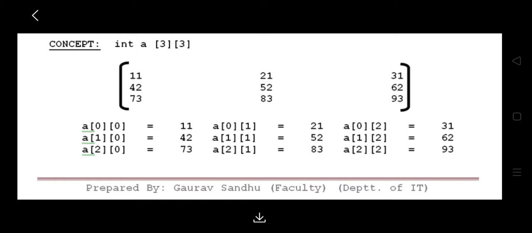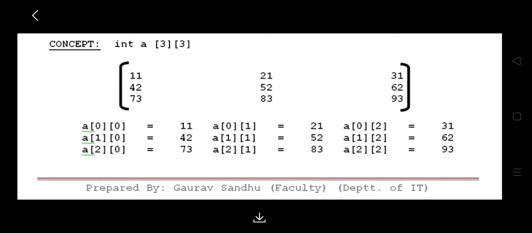Now if we see an example of a 2D array on the screen, the data which has been stored is 11, 21, 31, 42, 52, 62, 73, 83 and 93. The basic application of 2D arrays comes in solving matrix based questions.